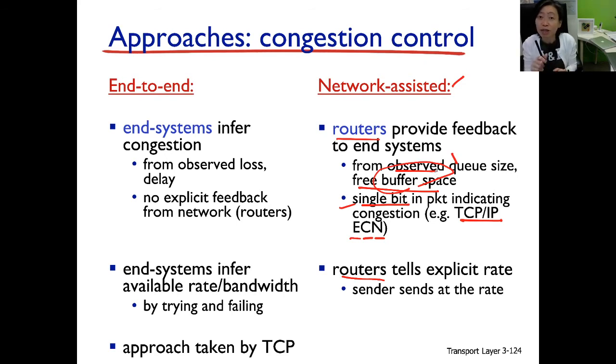Just like the flow control mechanism, right? The receiver observing the receiving buffer, depending on how much is free, sets the sending window size accordingly, and voila, problem solved. Receiving buffer will never be overwhelmed. Similarly, the router's receiving buffer here will never be overwhelmed.